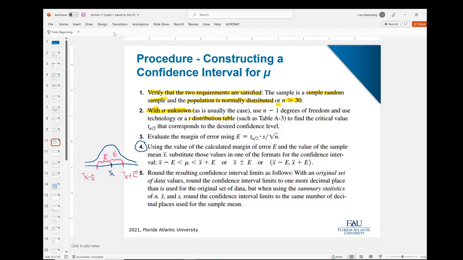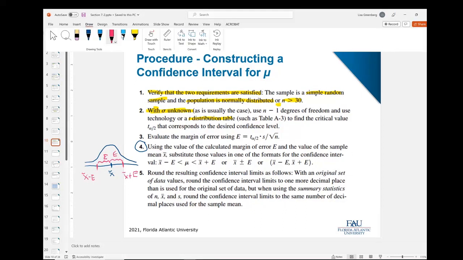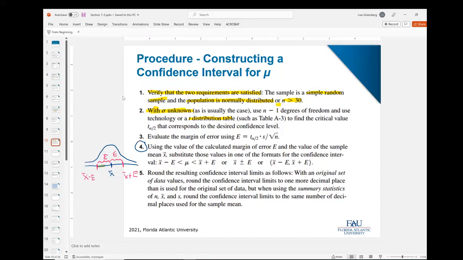My confidence interval is going to be from here to here. Okay? That's what this means.